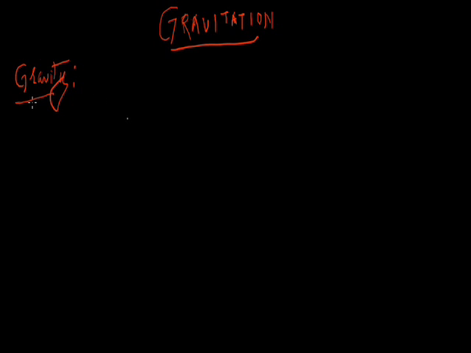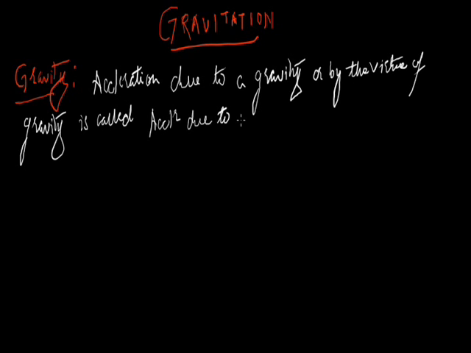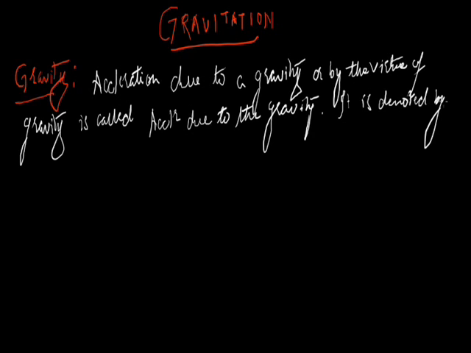So here we can write: acceleration produced by virtue of gravity is called acceleration due to gravity, denoted by g.